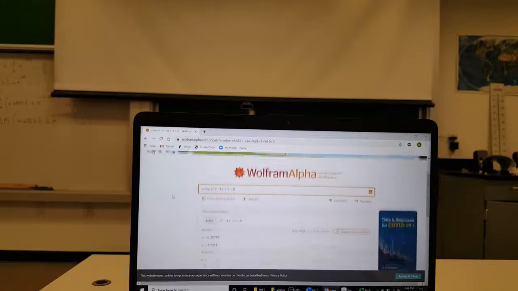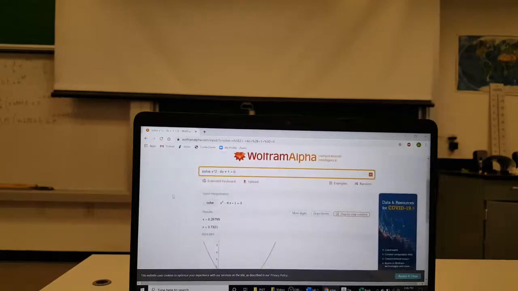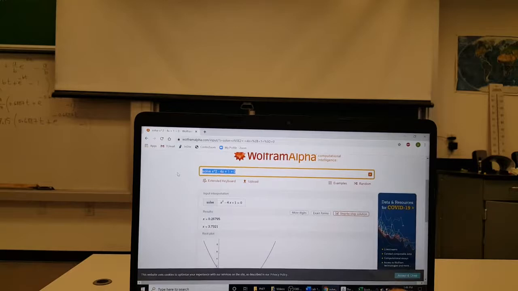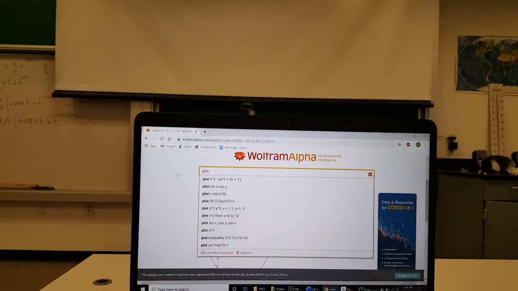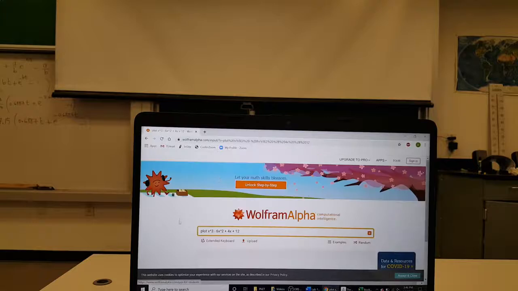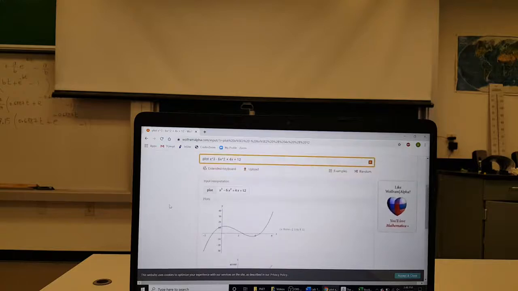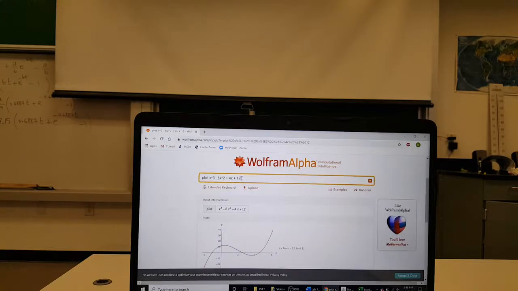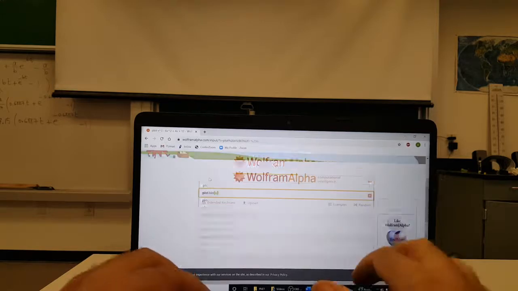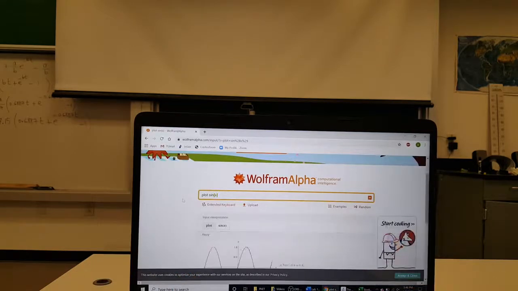You can use it to solve cubic, logarithmic, whatever. You can plot things. For example, plot. Oh, they suggest something for me. Here is plot this equation. Okay, so that's the plot for this function. You can plot, for example, sine of x, and so on.